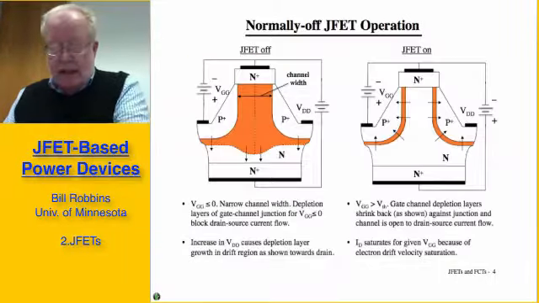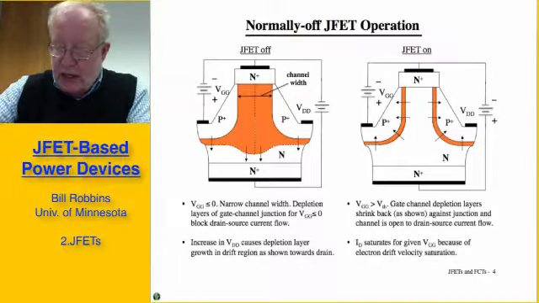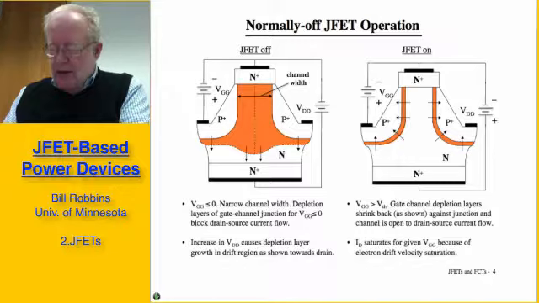Going on to the next slide, I'm going to talk about first the normally off device. In order to be normally off, what that means is at zero bias between gate and source, we have to have the channel blocked off, and that's what I'm showing right here.